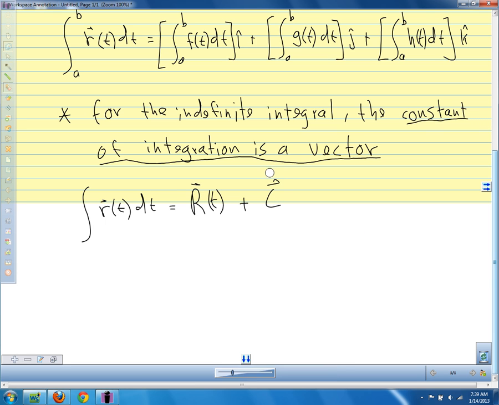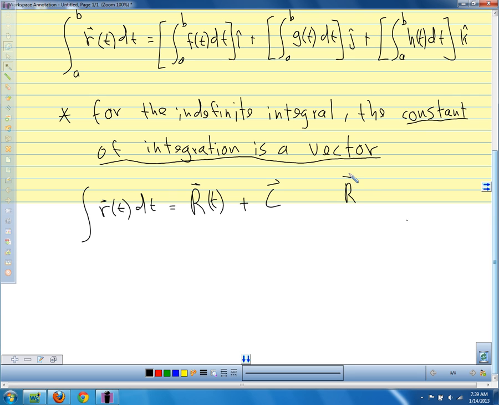And we figure out the constant vector just like we would figure out a constant of integration, by being given the value of the vector at a specific value of t. So we would say that r of t equals some vector at time 0. Okay, so you're just calling c1 i plus c2 j plus c3 k, and pulling it all out. Yes, and putting it into this constant vector.